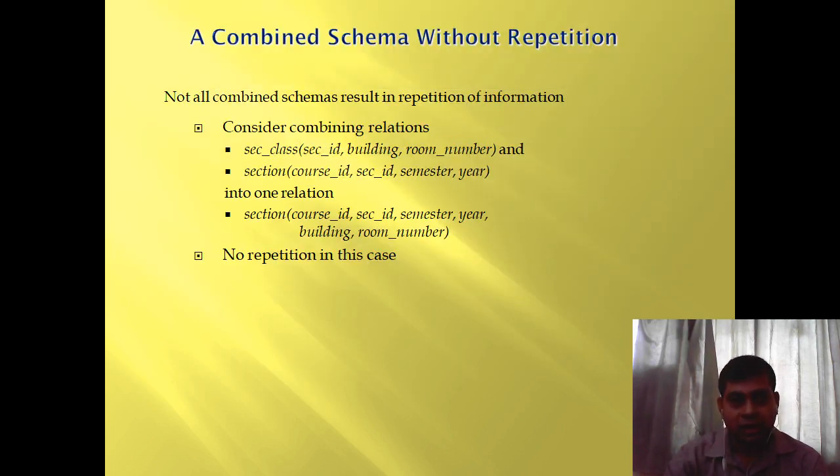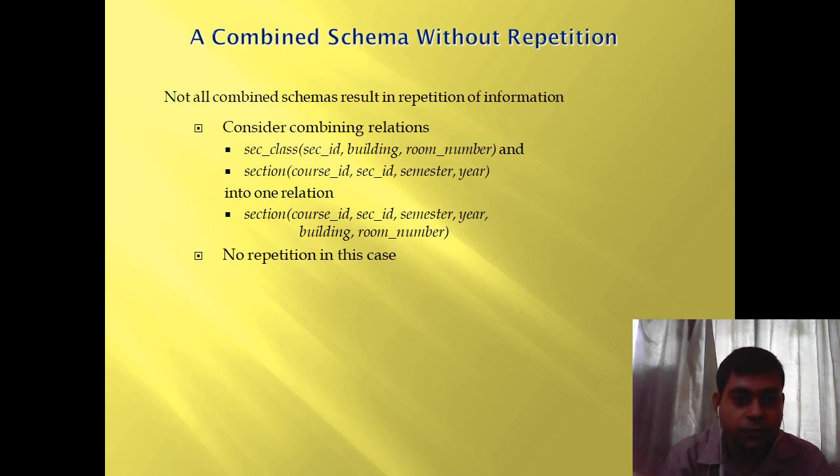Now, a combined schema without repetition. It is also possible that we are combining two schemas, but the attributes are not repeated, or the values as well. So, for example, section class is a schema and section is another schema, and we are combining them together and putting them into a single relation that is called section.